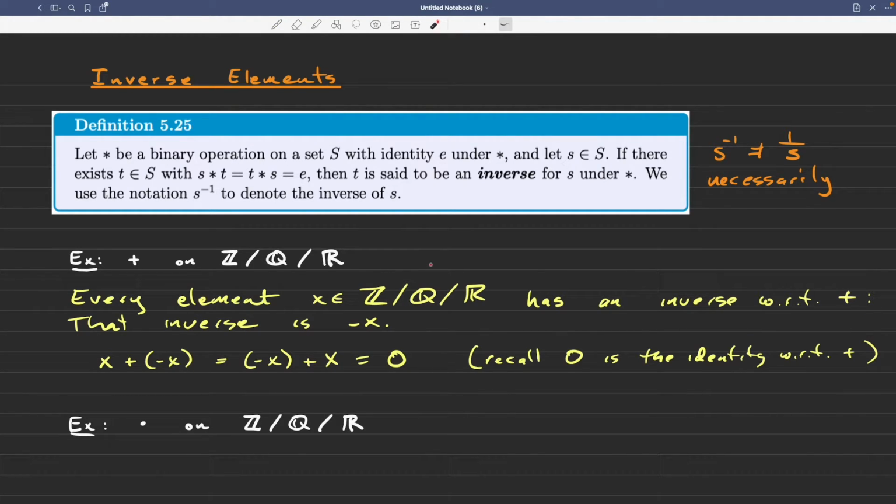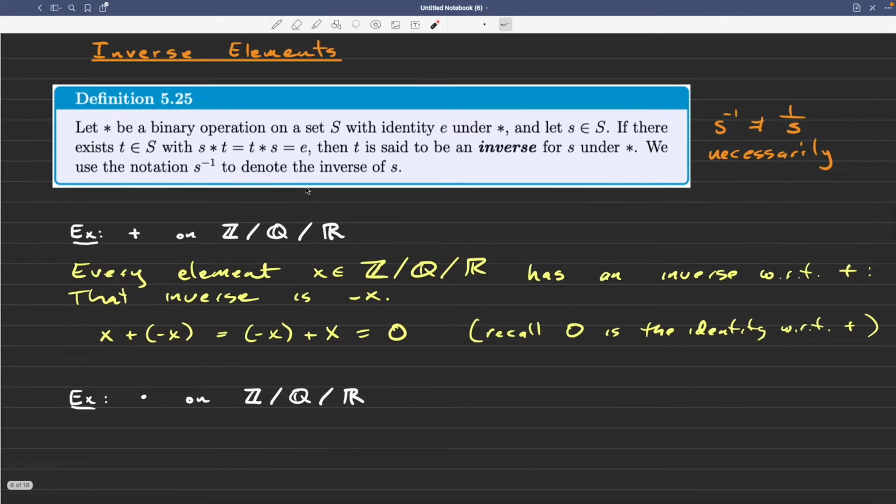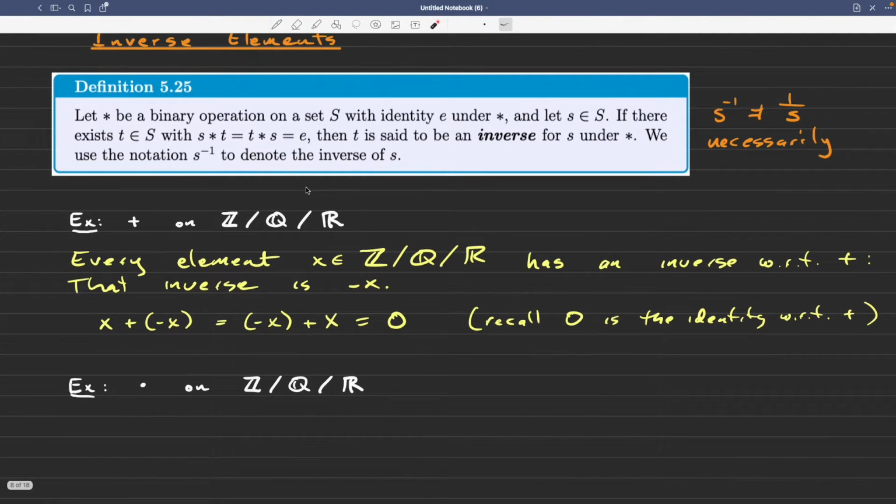This equation is exactly the equation in the definition, if you remember that our identity E is 0. Notice, I wouldn't say the inverse of x is x to the -1 power here. When dealing with addition, we use a negative in front of the element to indicate its inverse with respect to addition.